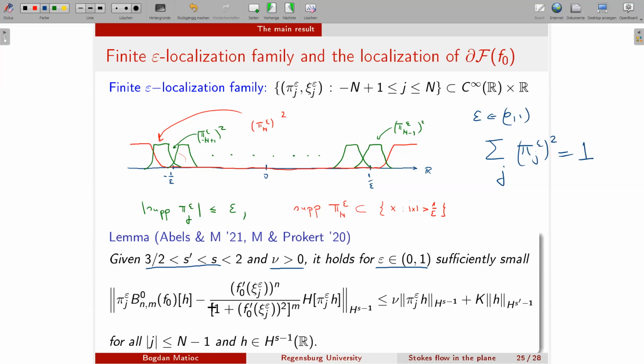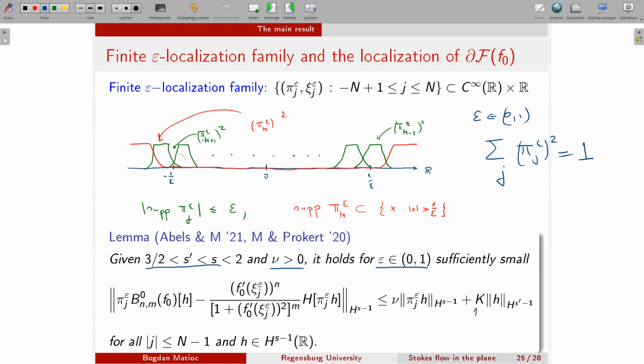This is localized by the following Fourier multiplier. This is a constant, and this is a Hilbert transform evaluated at pi j h. And this is an approximation for this function because the difference in H^(s-1) is less than this arbitrarily small constant nu multiplied by the full H^(s-1) norm of pi j h.